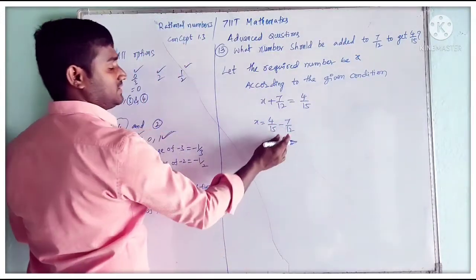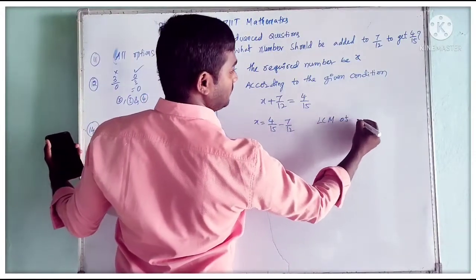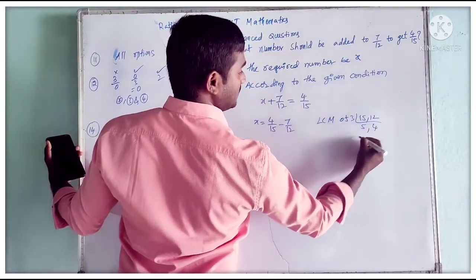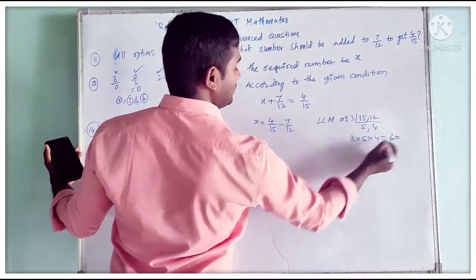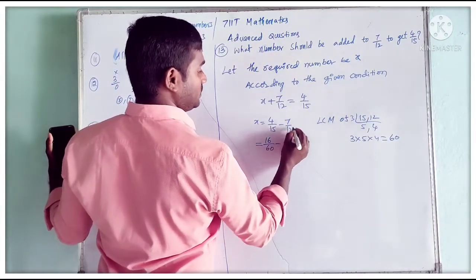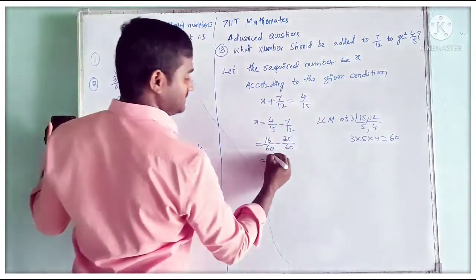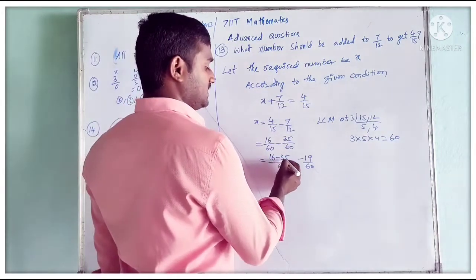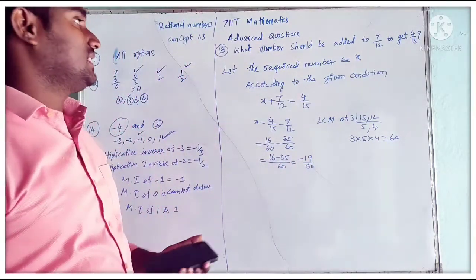The denominators are different, so find the LCM of 15 and 12, which is 60. So we get 16 by 60 minus 35 by 60, which is 16 minus 35 by 60, equal to minus 19 by 60. This is the answer to the 13th question.